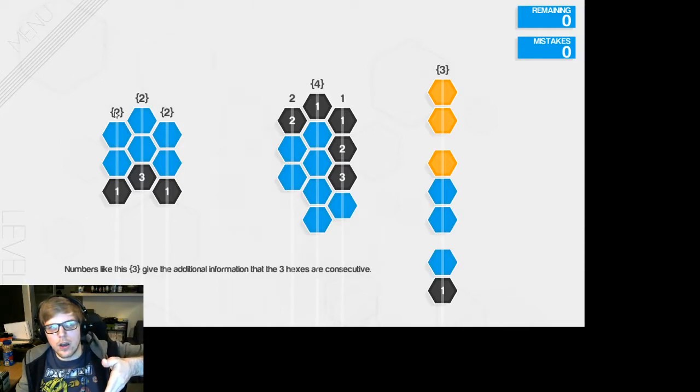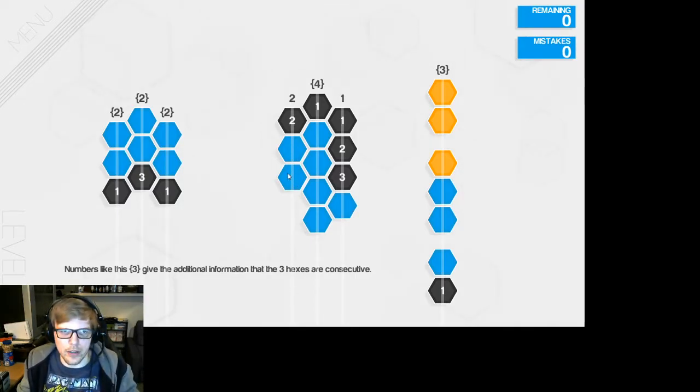So within this white line, there are 2 that are consecutive. Within this white line, there are 2 that are consecutive. Within this white line, and it's kind of hard to see on the background, but you can see it on the hexes. Within this white line, there are 2, whether they're consecutive or not.